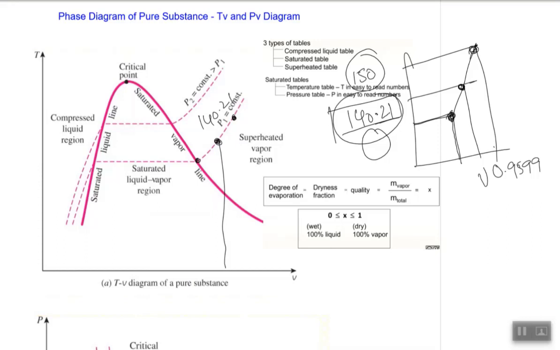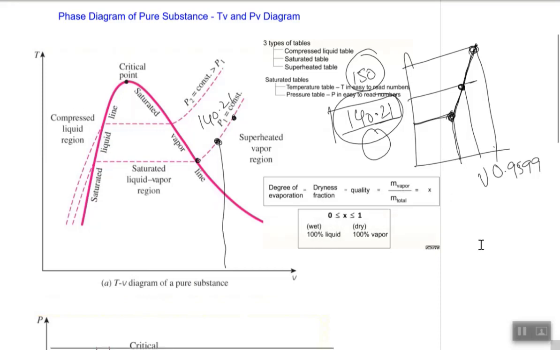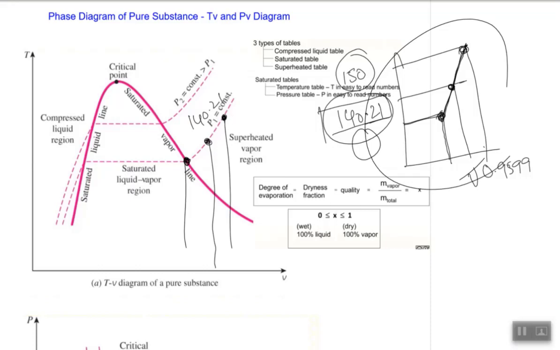As I said earlier, for interpolation we need two extreme values. If you look at the figure, I have drawn two points. This point is 150, where I've drawn the volume 0.9599.